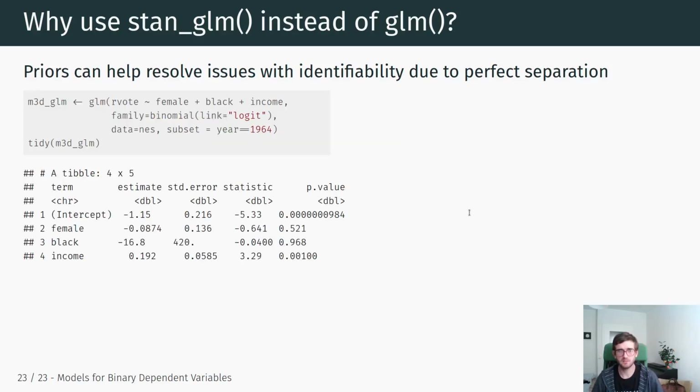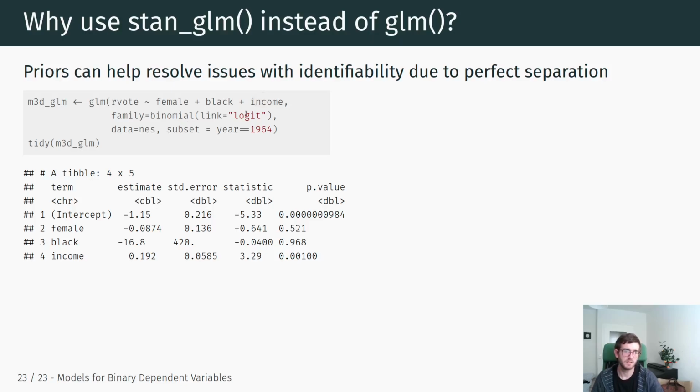Okay, so based on the data that we talked about in this example, and that is also discussed in the textbook, one example where you can show this issue of perfect separation is if you examine voting behavior in the 1964 presidential election, and you just include three separate predictors: gender, race, and income.